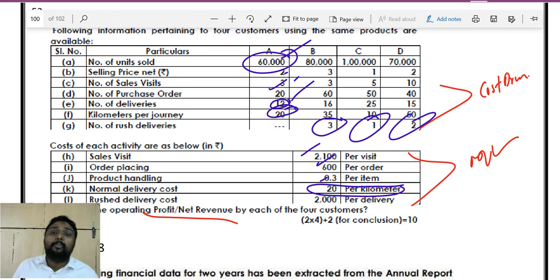Pricing policy: we determined the market factors affecting pricing policy, the objectives of a pricing policy, and the formulation considered for determining the pricing policy. Different methods of pricing policy: cost based, market based, competition based, then other economic considerations. All those points we have discussed. Then we did a problem on pricing policy.